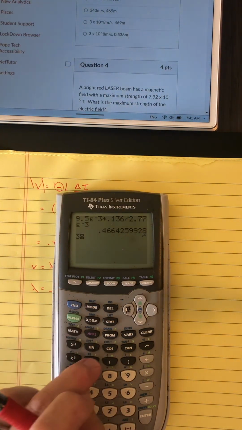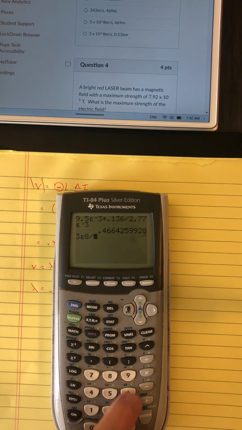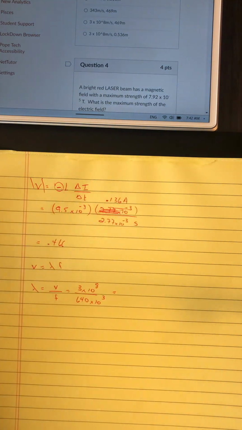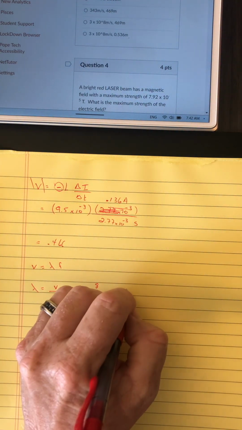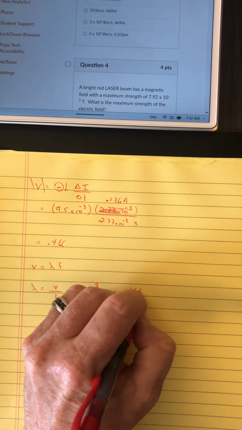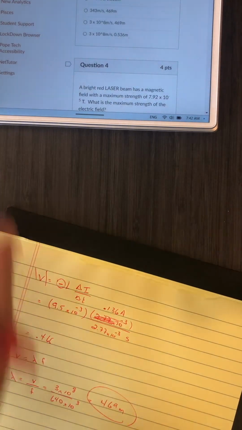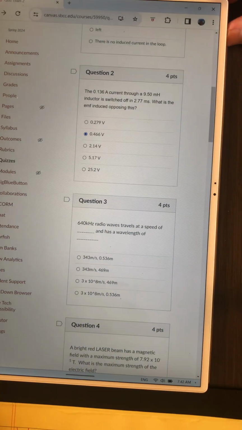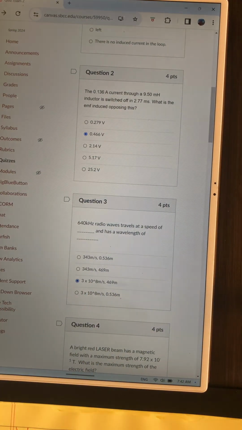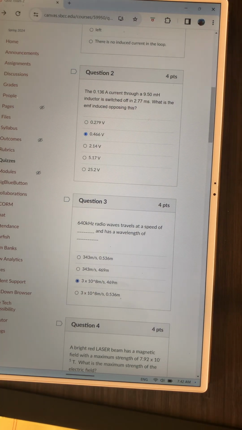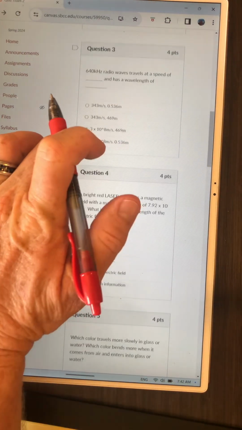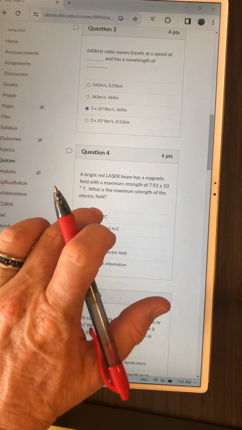So 3 times 10 to the 8th divided by 640 kilohertz makes a wavelength of 469 meters, which would be C. So number 3 should be C. Okay, nice.